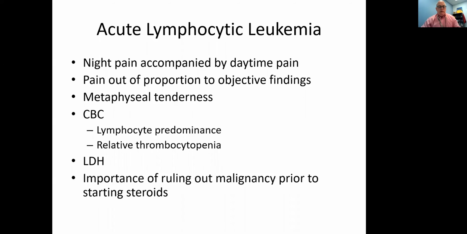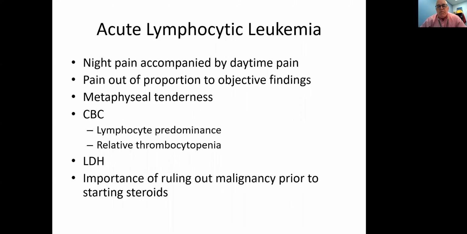So leukemia, it's obviously important to make this diagnosis. It's also important, we use a lot less steroids these days, which is great. But when you have a patient with a febrile arthritis, one of the important things is that before you start steroids, you want to rule out malignancy.